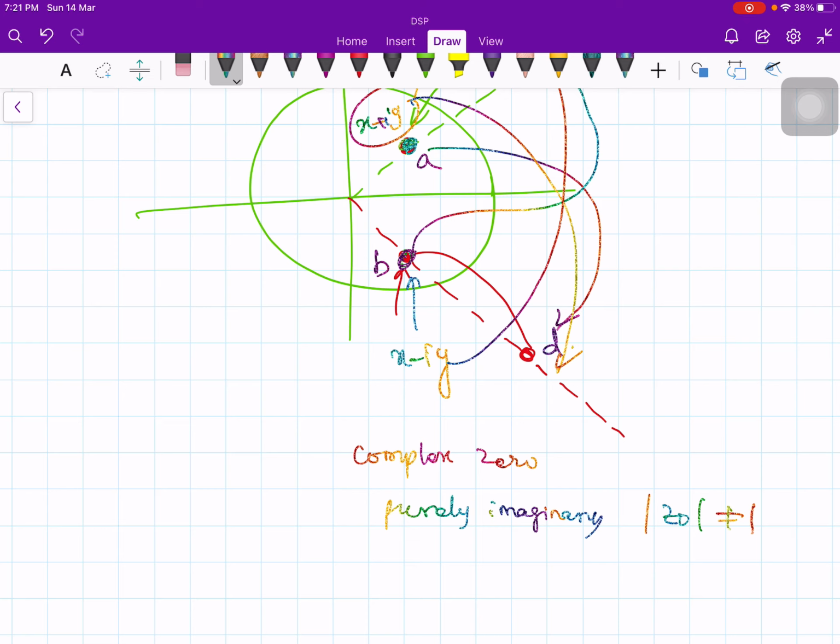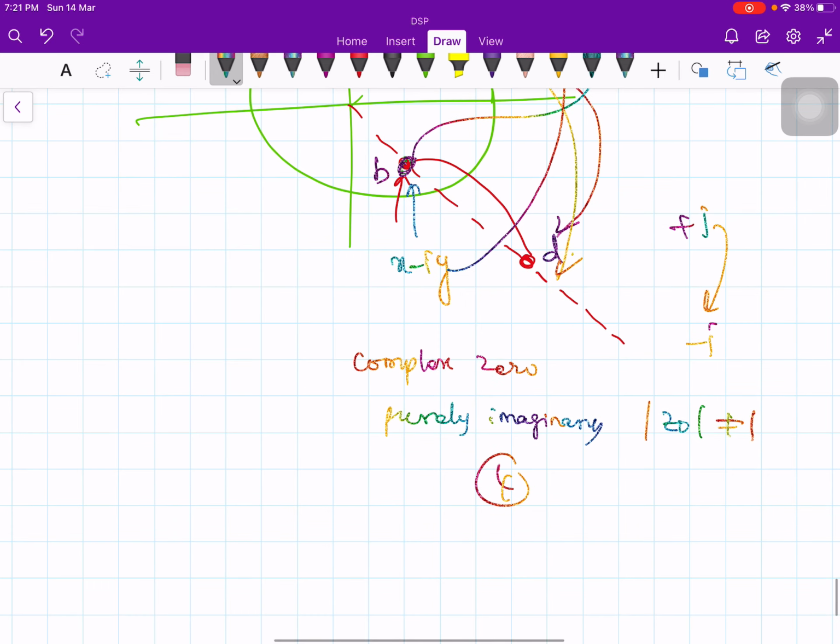Because if there is a plus j, then the reciprocal of that is minus j. So in groups of 4, that is technically called quads. Complex zeros occur in quads. Quads is a short term for quadruplet.